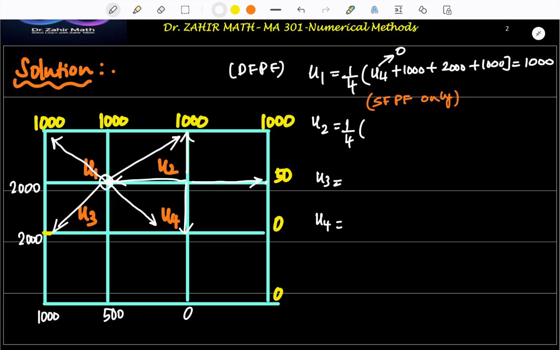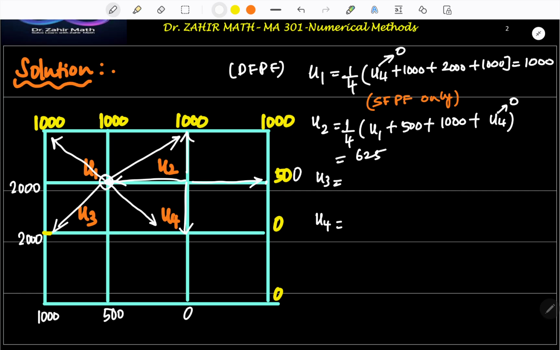So 1 by 4, U1 plus 500 plus 1000 plus 500 plus 1000 plus U4. U4 we have not got yet, so just put it 0 only. So you're going to get 625.